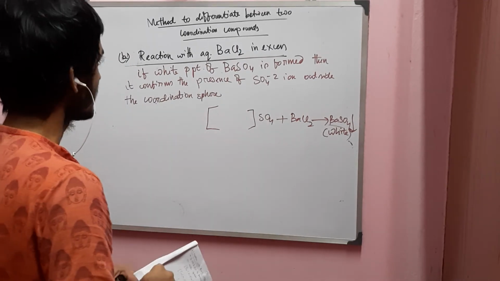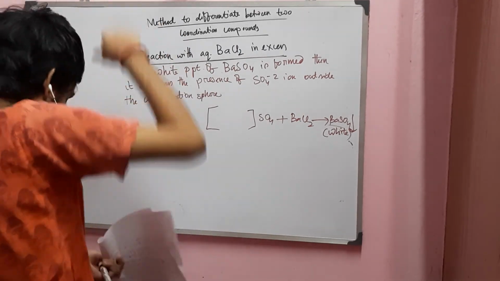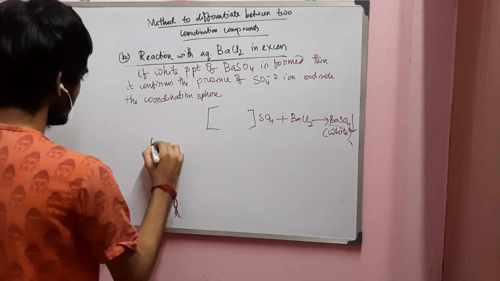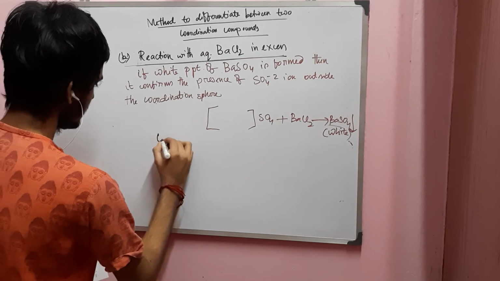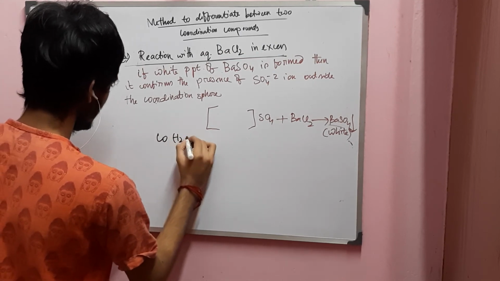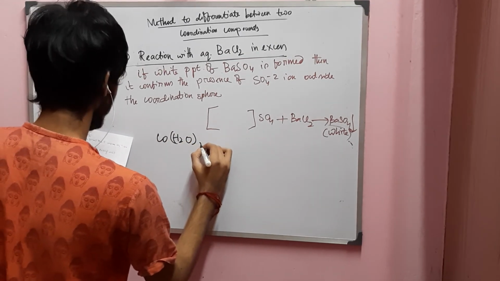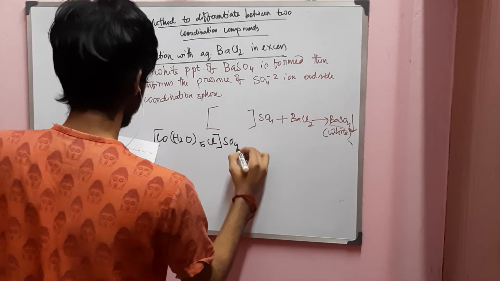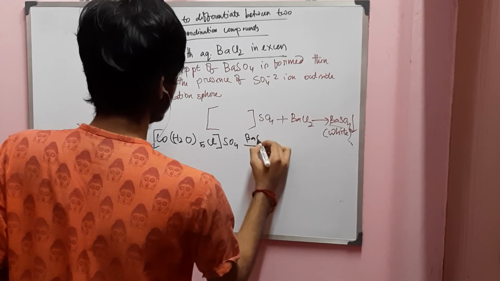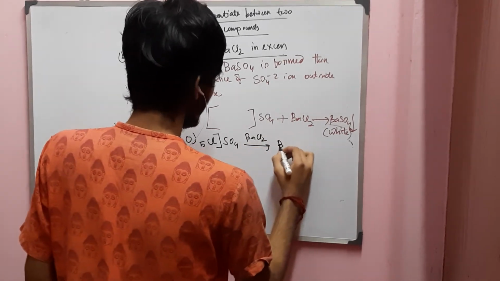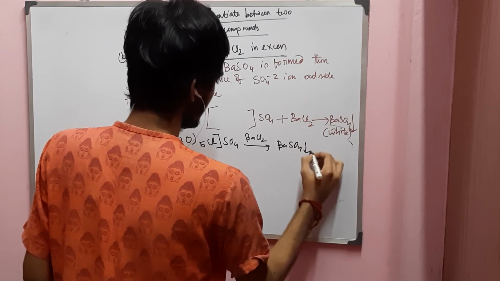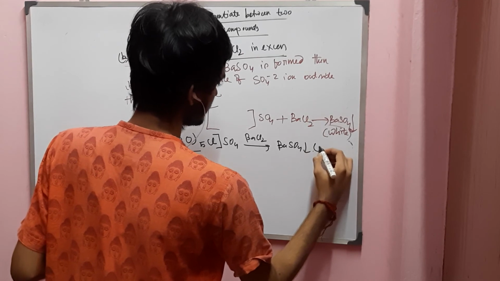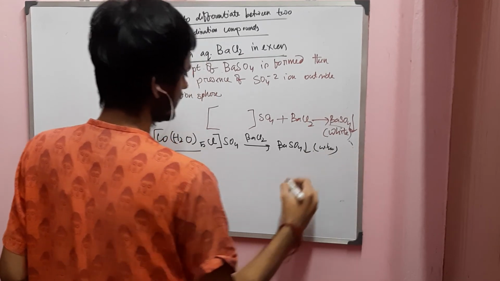So let's take some examples here, after which we will conclude this topic. First we will write [Co(NH3)5Cl]SO4 treated with BaCl2. Then 1 mole of BaSO4 will be formed from 1 mole of this compound. It is white in color.